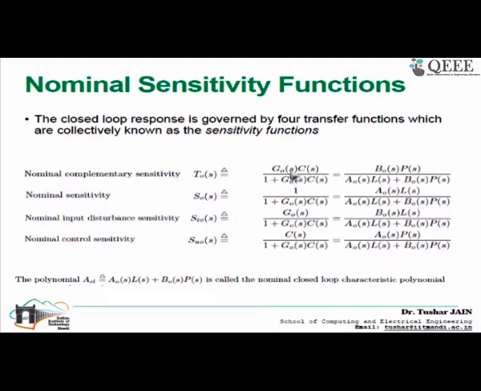So this was pretty much clear. The nominal complementary sensitivity, G naught C over 1 plus G naught C, is nothing but the closed loop with the controller in the loop, the ratio of the output and the set point. The nominal sensitivity is the ratio of the error and the set point.